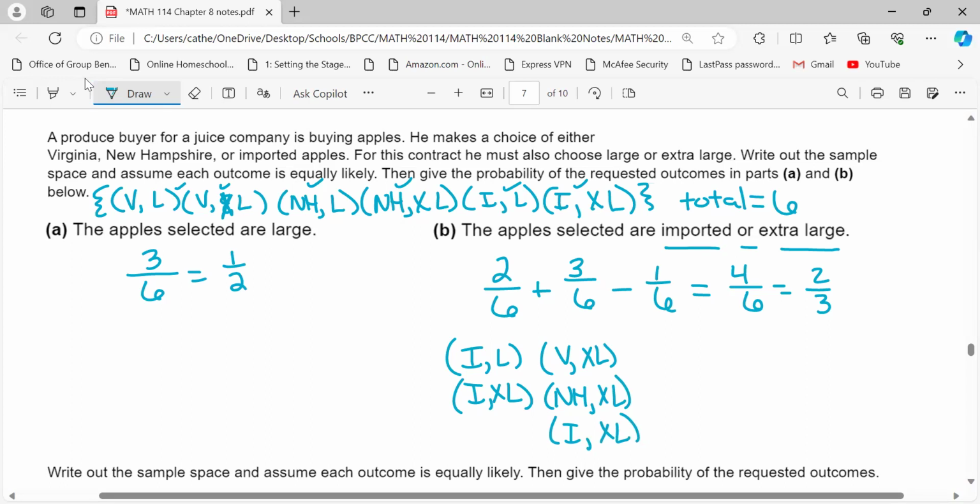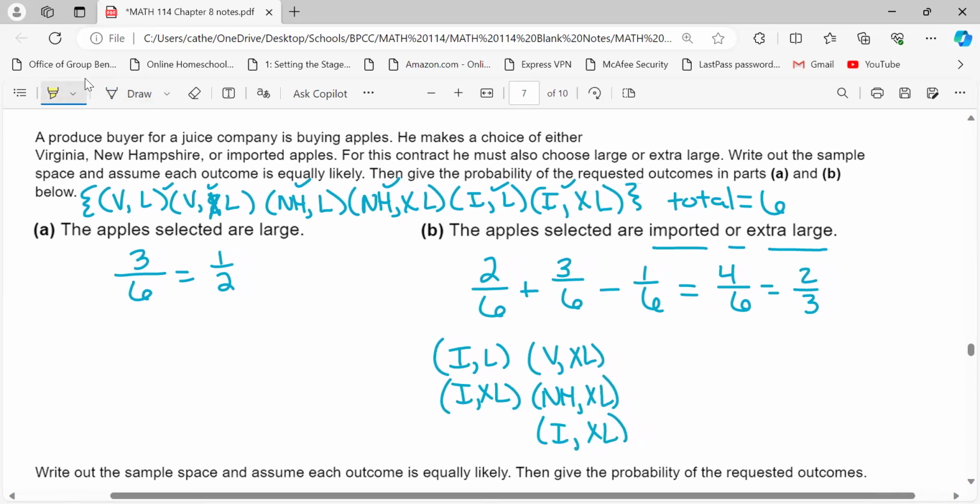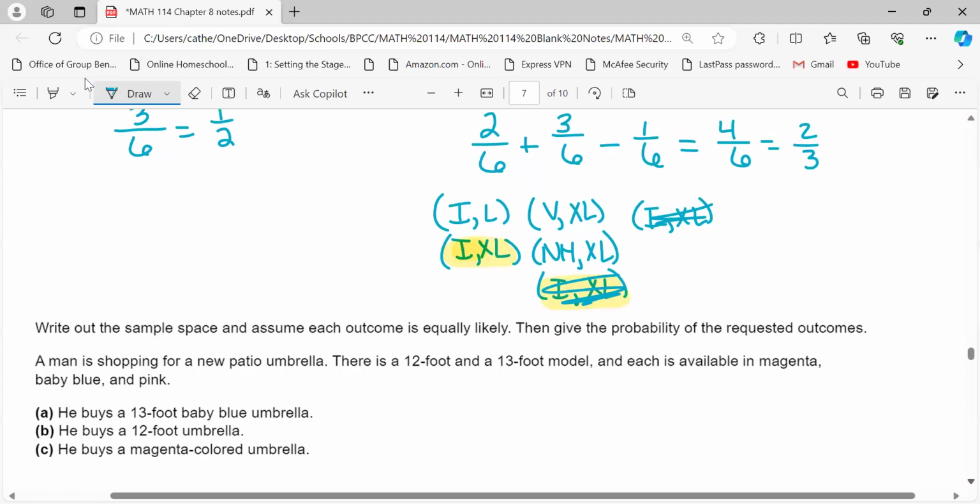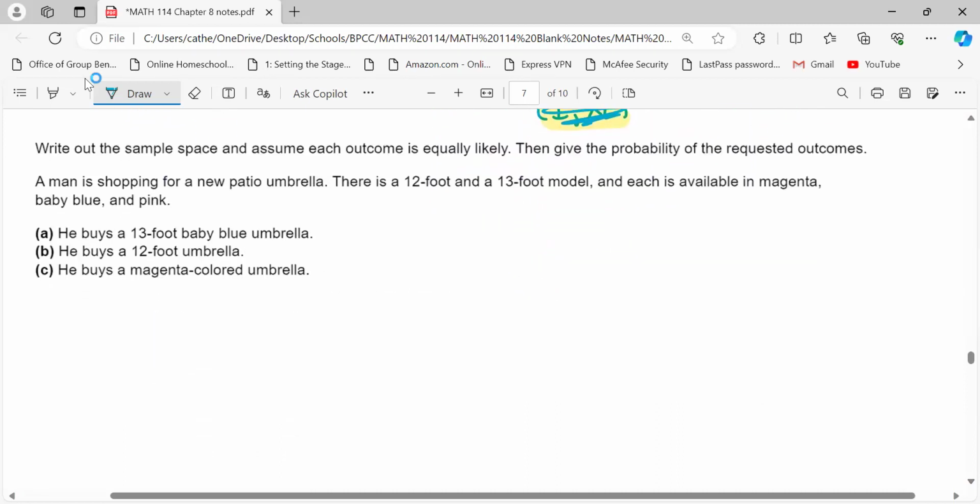When we subtract out the 1, we are subtracting out the overlap. So what's happening is the imported extra large is getting counted twice. I'm going to subtract out one of those. Okay. So the total we have is going to be 4 out of the 6. We're subtracting out the overlap. So just be careful with that.